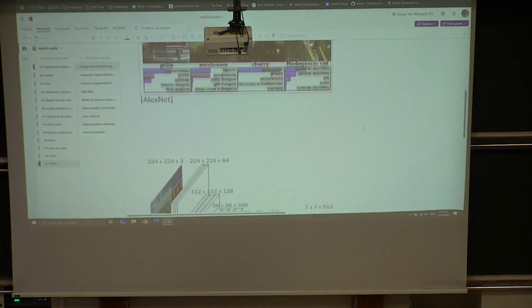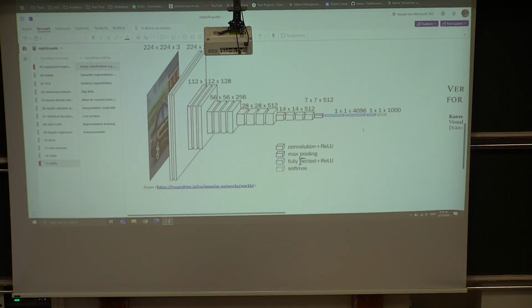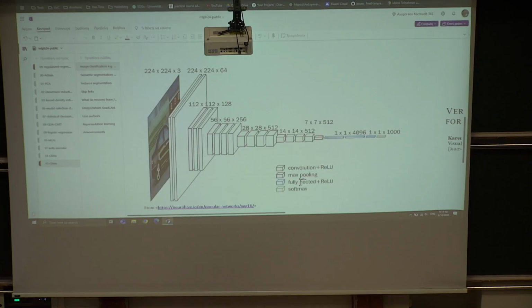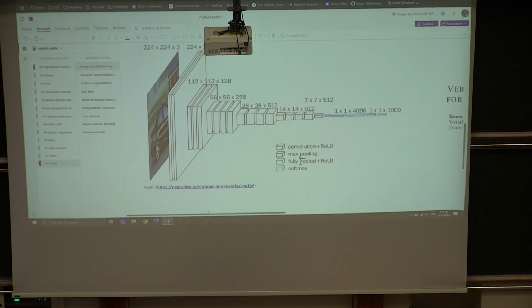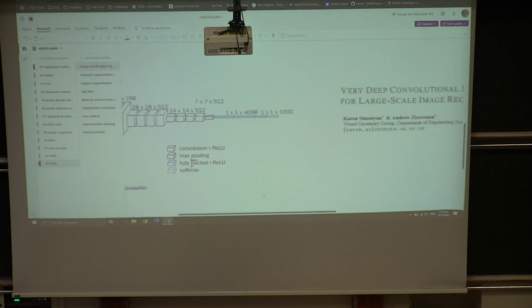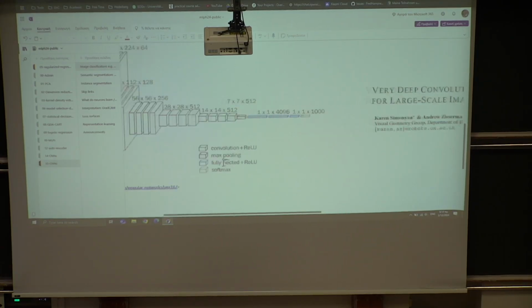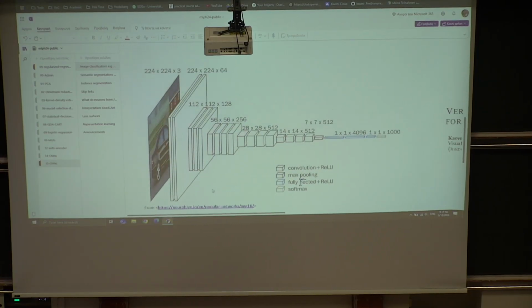Now, the kind of architecture that was popular in those days was of this type here. This is not AlexNet, but this is VGG16, which you will also look at in the exercises. And I'm showing it here because it has a few typical elements.